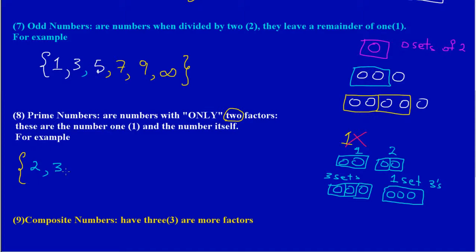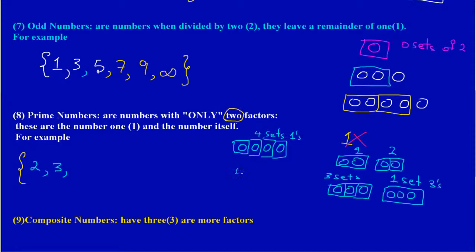All right, let's check another number. Let's check 4. Say I had 1, 2, 3, 4. Now if you divide 4 by 1, you would get 4 sets of 1's out of 4.